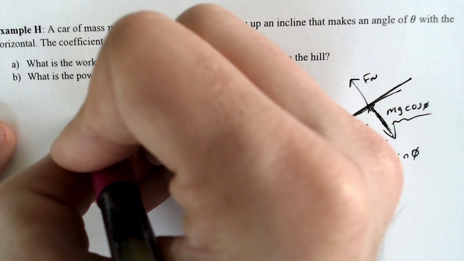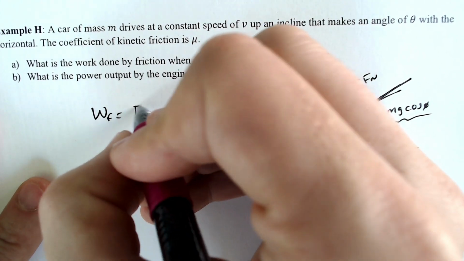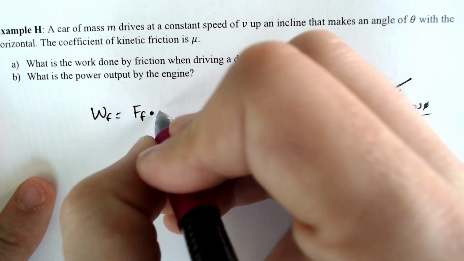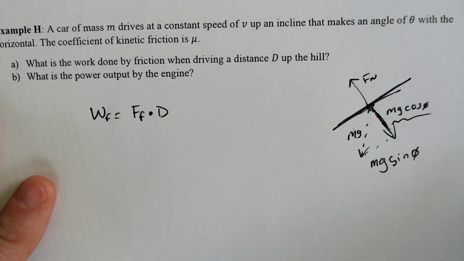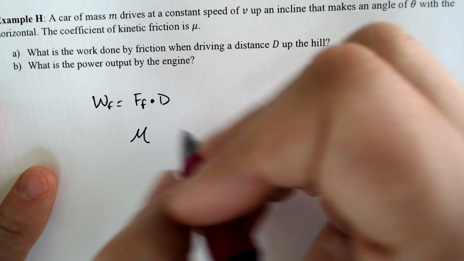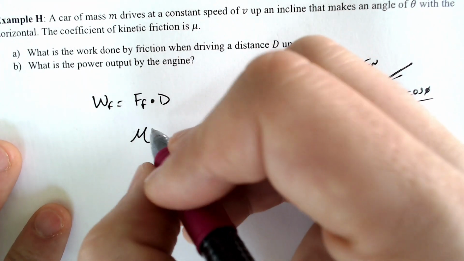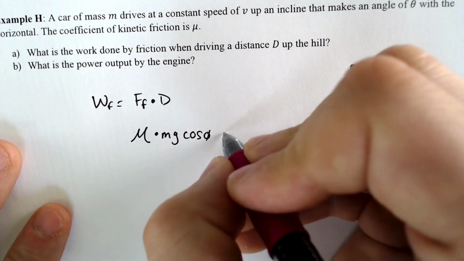All right, so the work done by friction would then equal the force of friction times the distance that it traveled, which in this case would be mu, the coefficient of friction, times mg cosine theta times distance.